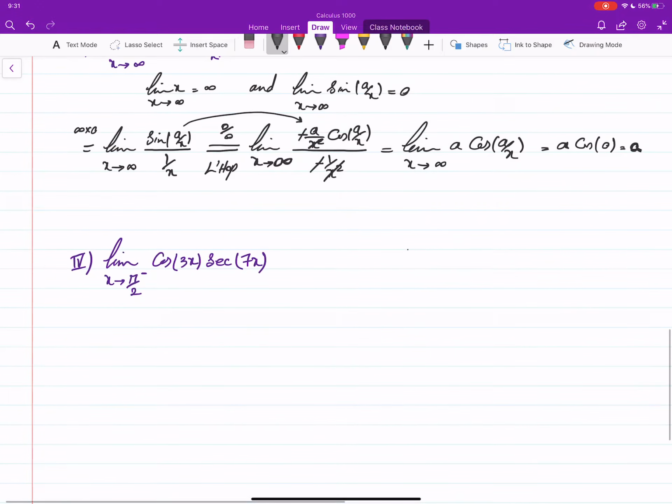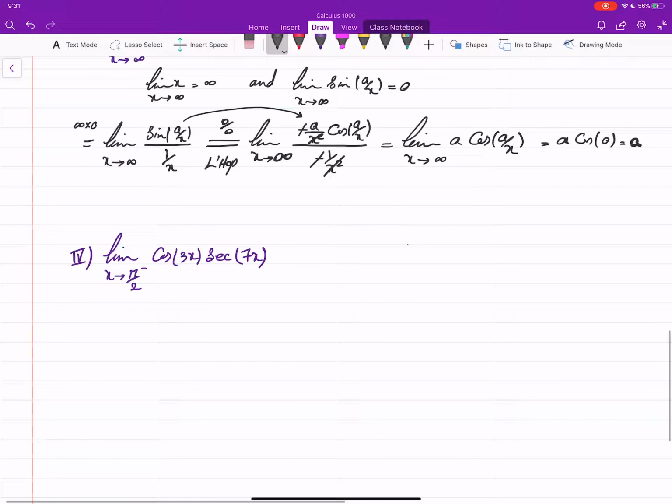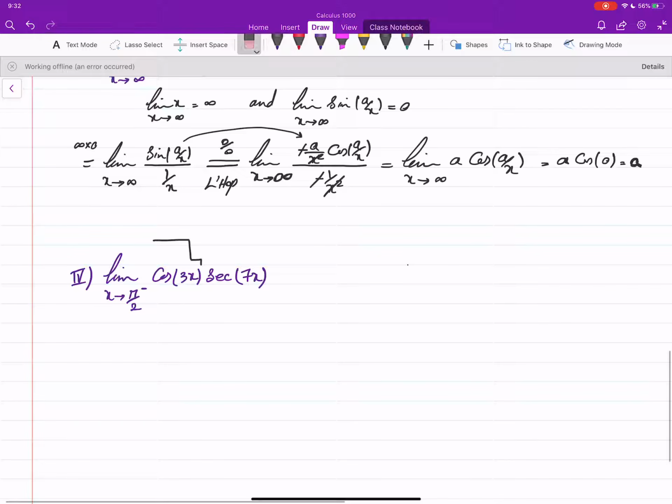How about this last one? Here, the limit of cosine of 3 pi over 2 is 0. And what kind of 0 is that? It is actually 0 negative.